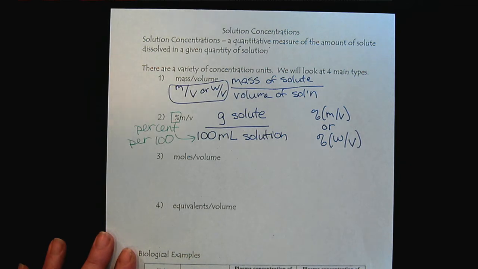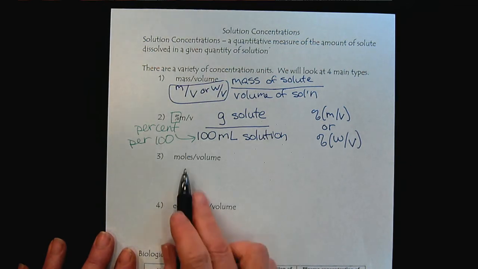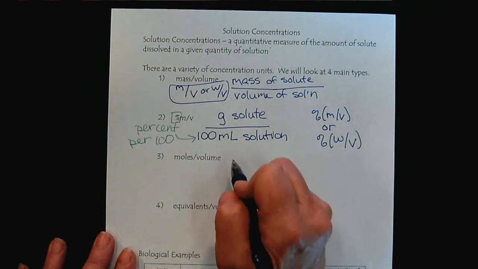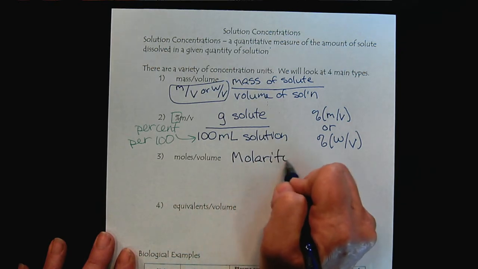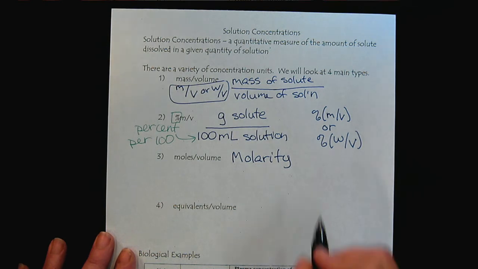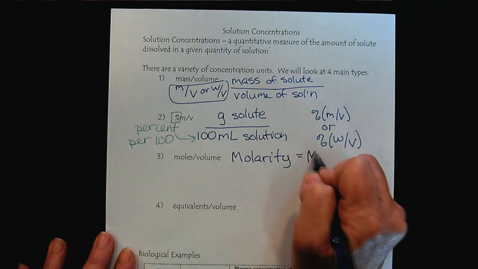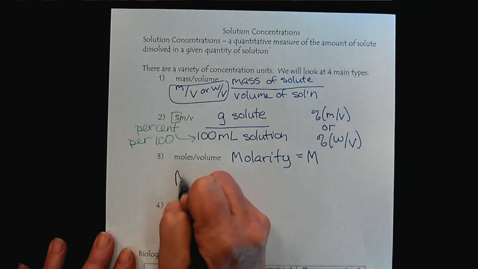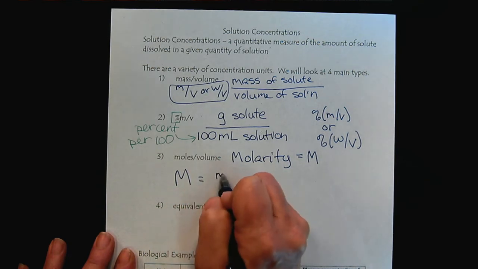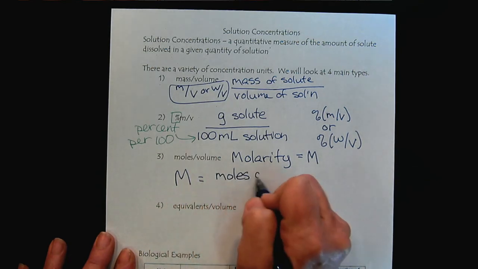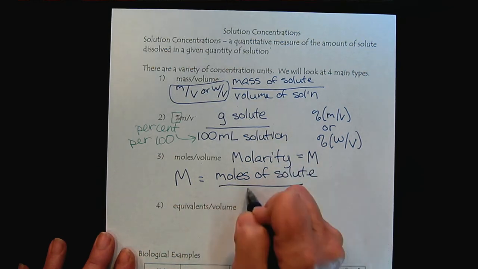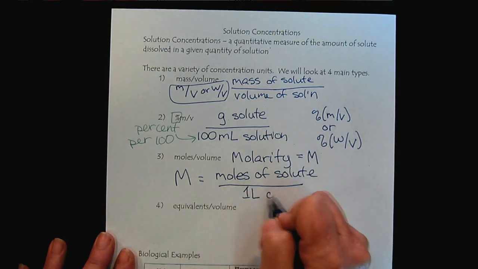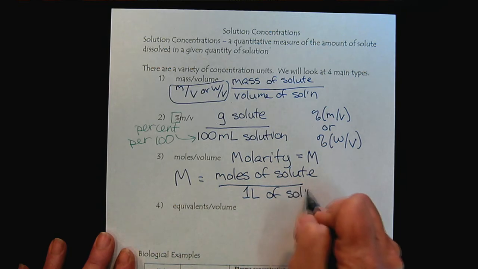Then we have the concentration of moles over volume. And here we're going to use molarity. Molarity is represented by an uppercase M. So anytime we see an uppercase M, that tells us moles of solute per 1 liter of solution.